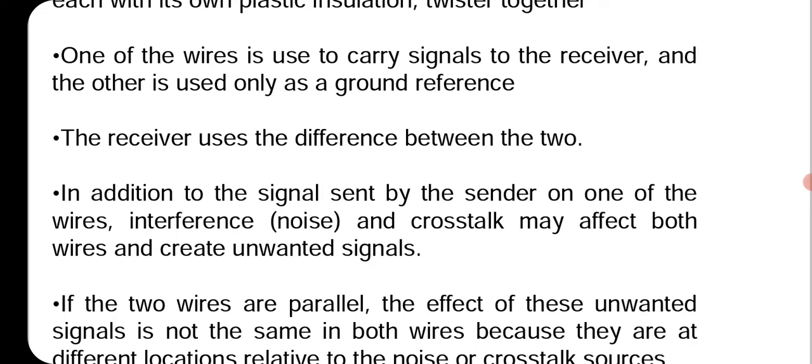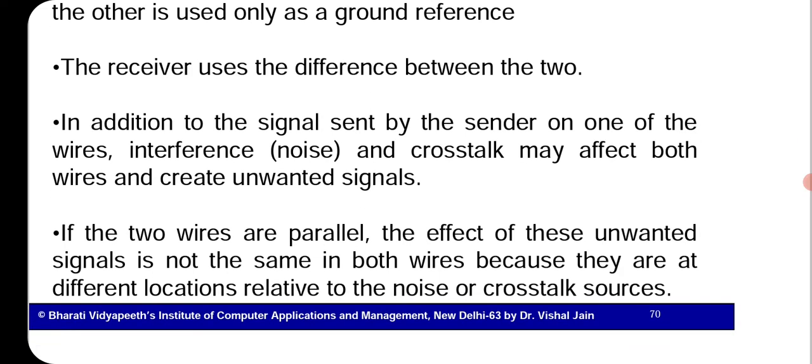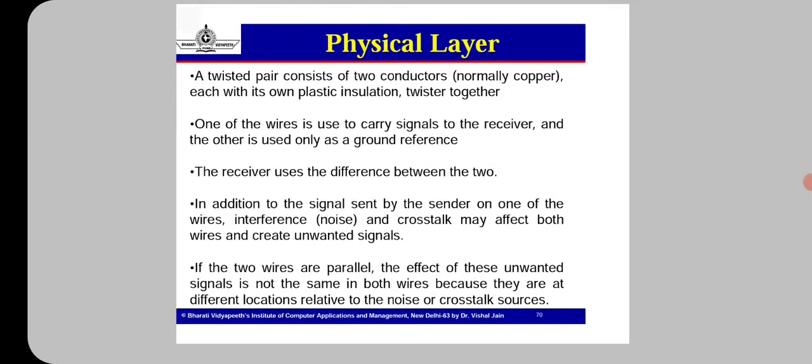In addition to the signal sent by the sender on one of the wires, interference, noise, and crosstalk may affect each wire and create unwanted signals. If the two wires are parallel, the effect of these unwanted signals is not the same in both wires, because they are at different locations relative to the noise.